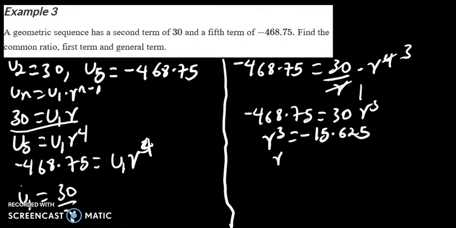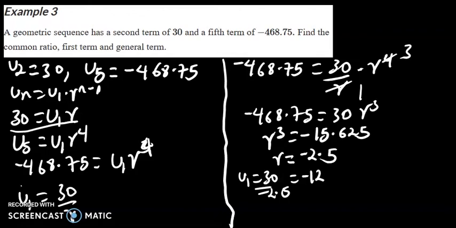So r becomes minus 2.5. If you take the cube root of this, you get minus 2.5. So u1 is 30 divided by minus 2.5, that's minus 12 actually.